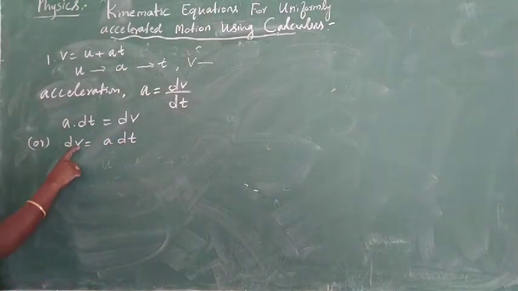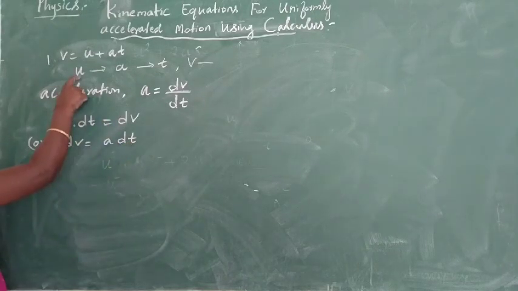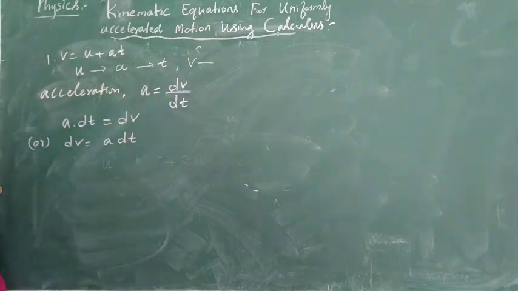This has a velocity variable and a time variable. Time starts from 0, and velocity changes from initial velocity to final velocity. So this is the differential term, and we can integrate this equation.